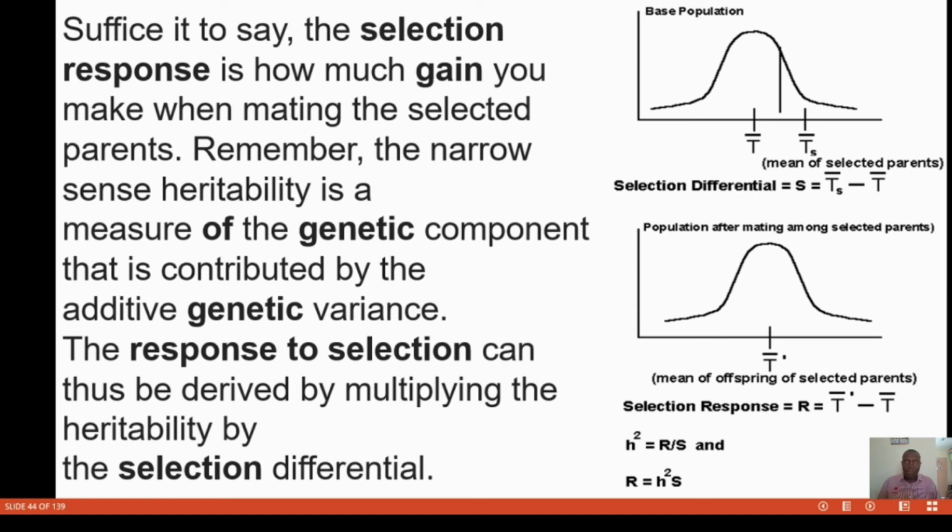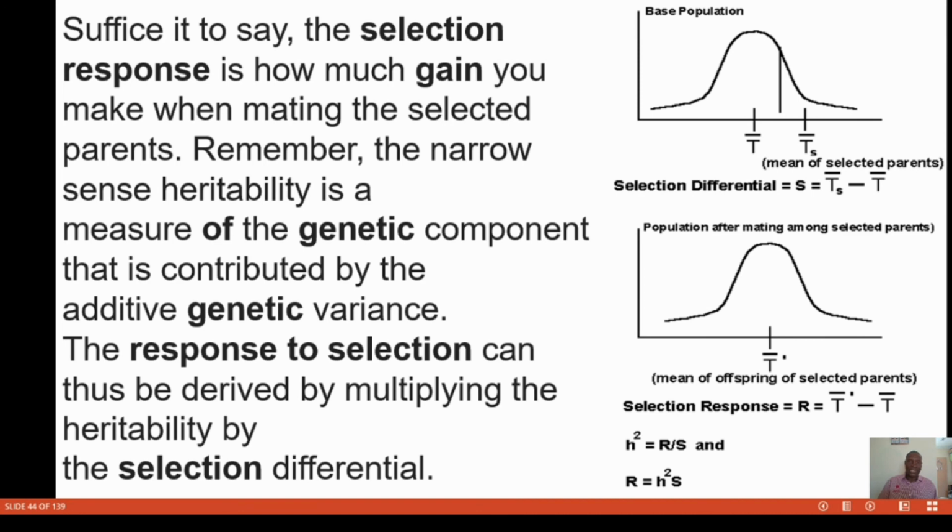It is important here to say that selection response, R, is how much gain you make when mating the selected parents. Remember, the narrow sense heritability is simply a measure of the genetic component that is contributed by the additive genetic effects.